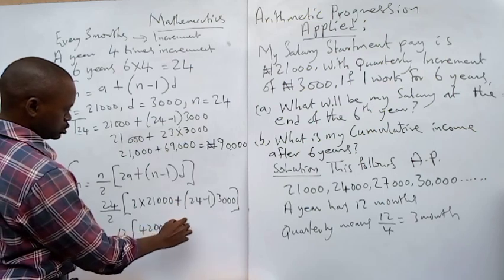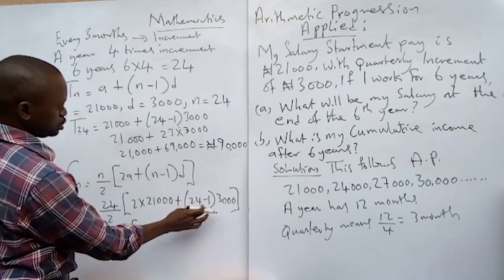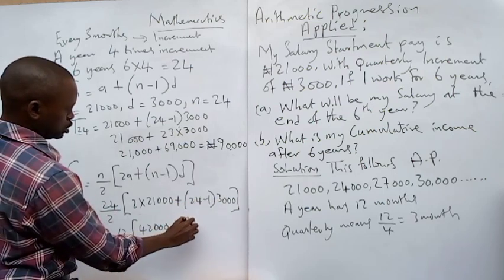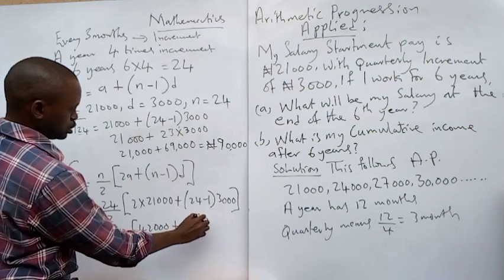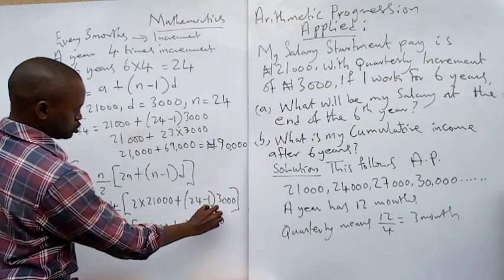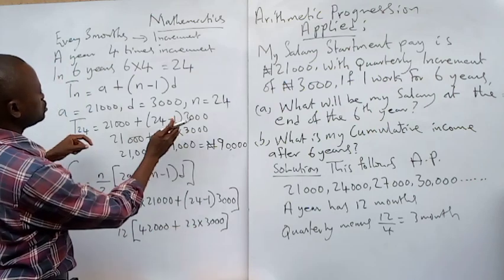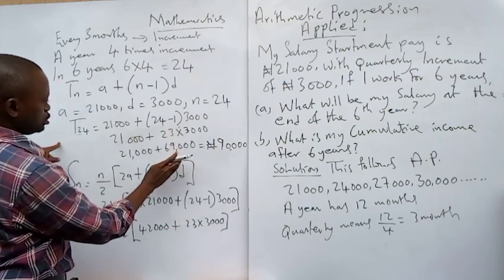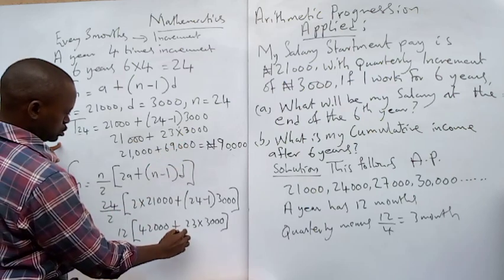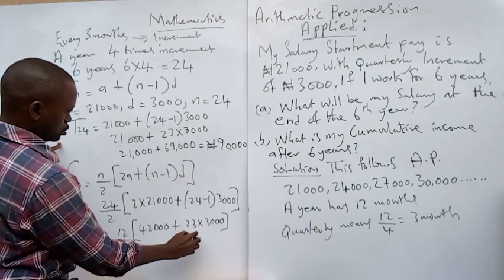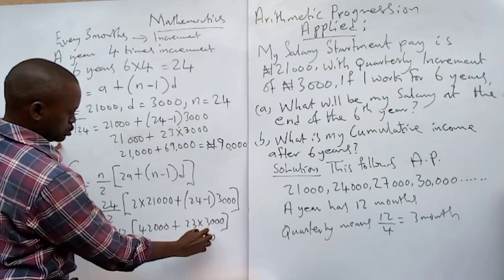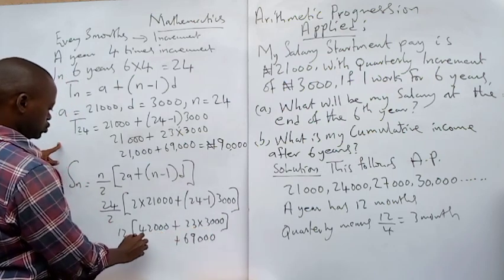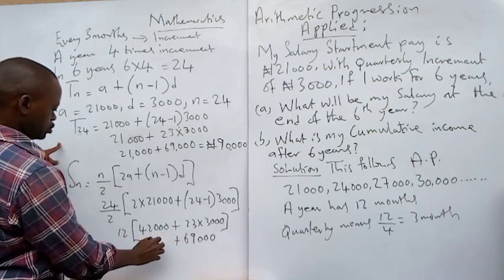42,000 plus 23 times 3,000. I think I have done that calculation previously. What did it give me? 23 times this gave me 69,000. So this is 69,000 plus 42,000.